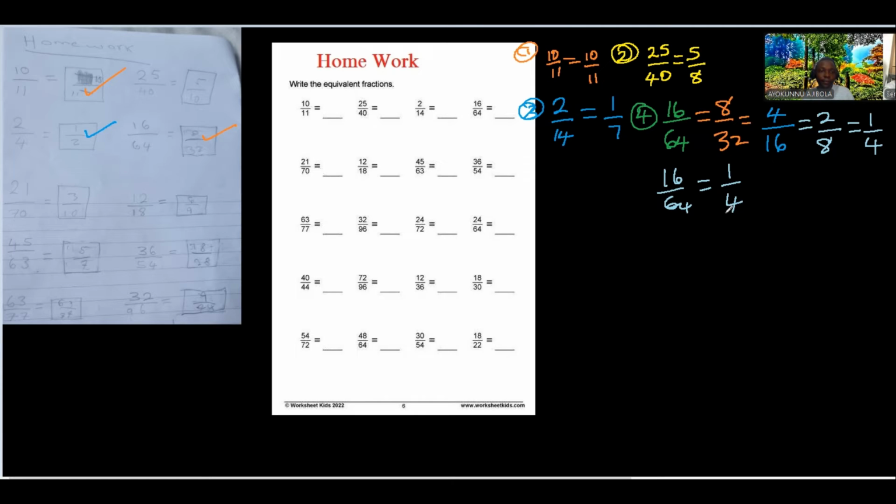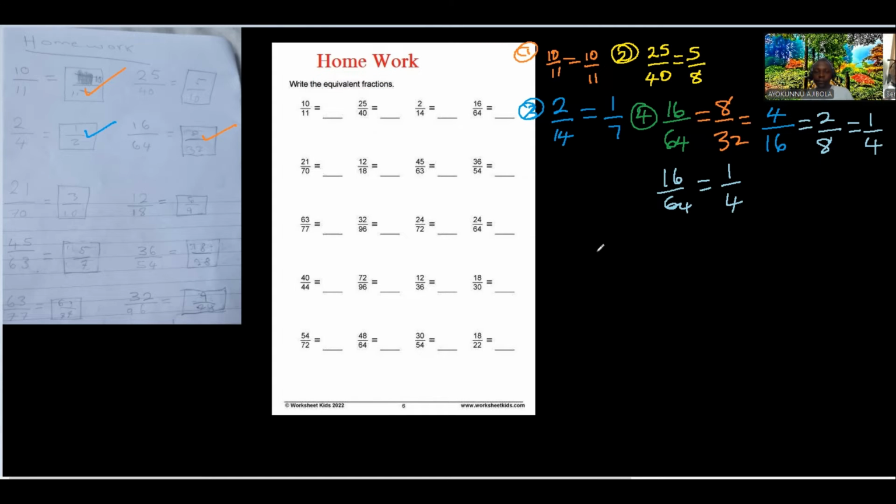Because 16 here is 1 and 16 here is 4. Is that clear? Yes. Good. But I will give you this answer since the instruction says equivalent fraction. Otherwise, if you are to reduce it to lowest form, it will not be correct.